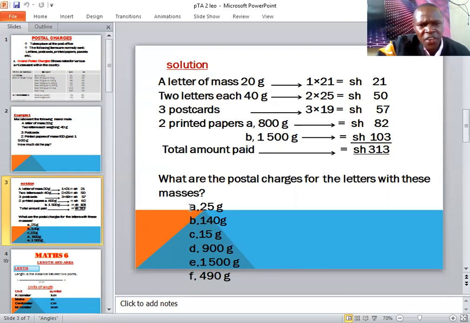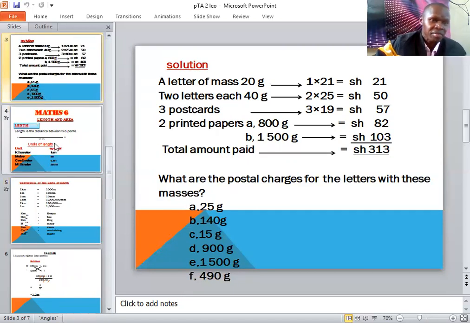So 25 grams, you go back to our table and find out what is being sent, the letters. What was the weight or the mass of the letter? 25 grams. Where does it fall? In which range does 25 grams fall? Then you find the charges. I'm seeing somebody saying this is a simple exercise. Now I'll find out if it is simple.